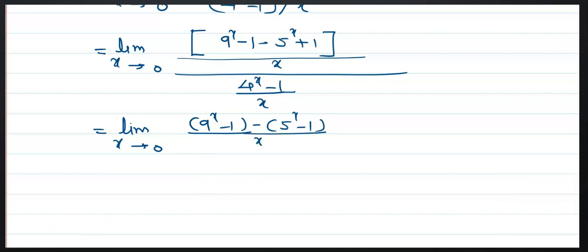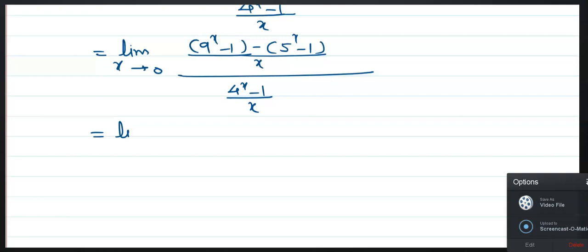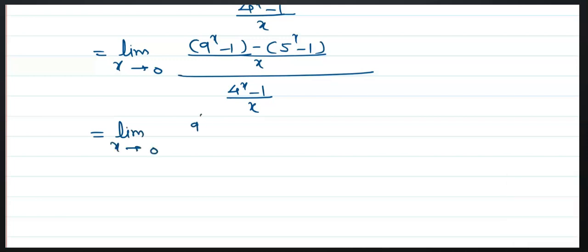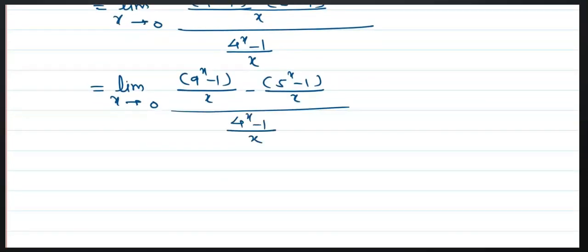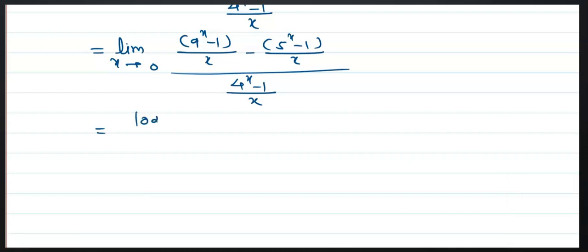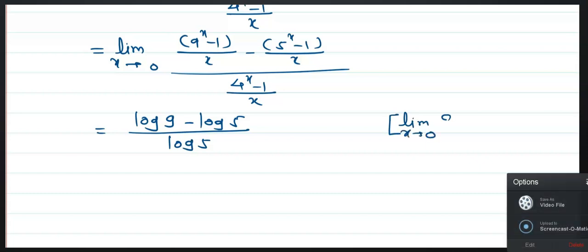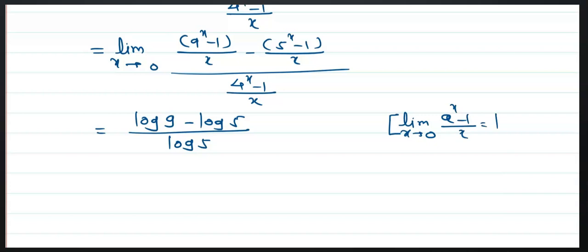Therefore, you will get log of 9 minus log of 5, the whole divided by, what is the answer for the denominator? Log of 4. There must be the 4; by mistake I had written something else.